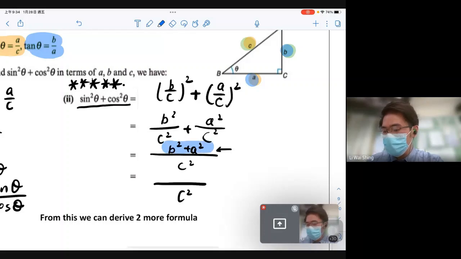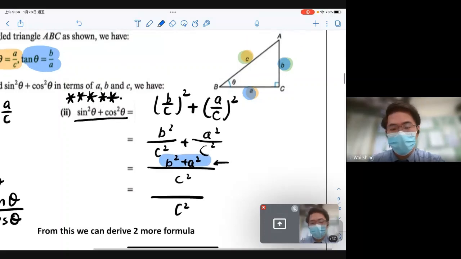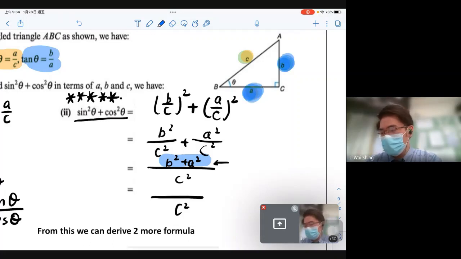A square plus B square, how can it be simplified? Okay, Felix Ho, in this right angle triangle, what is A square plus B square?